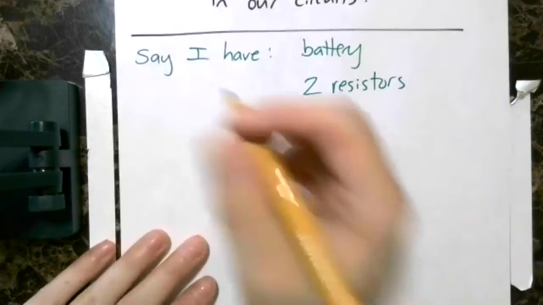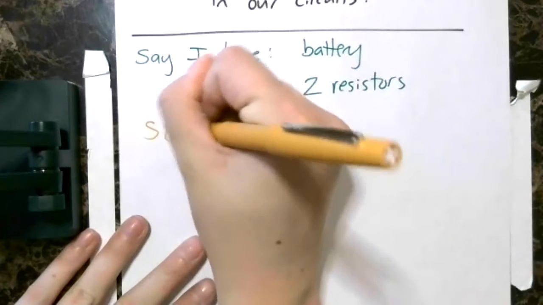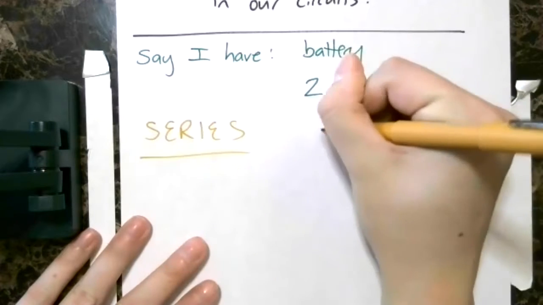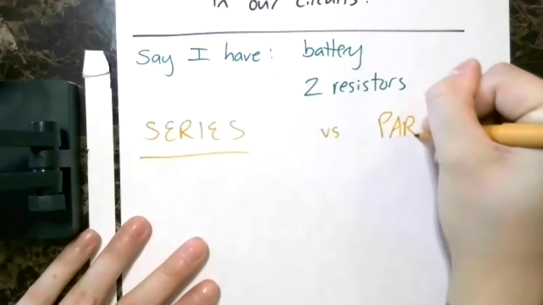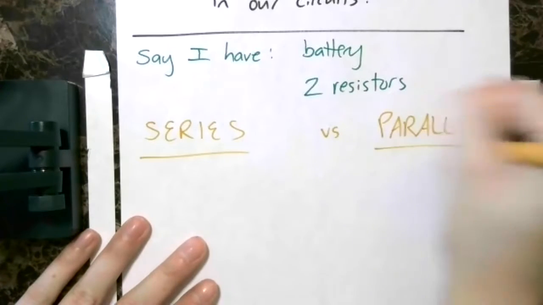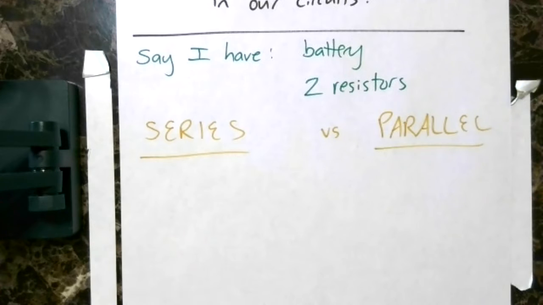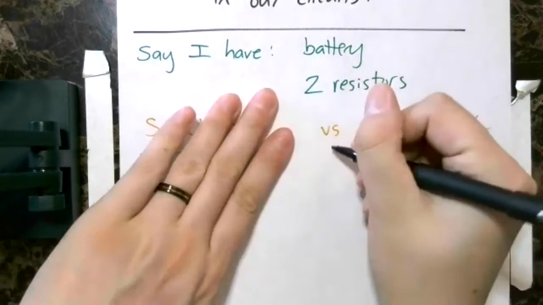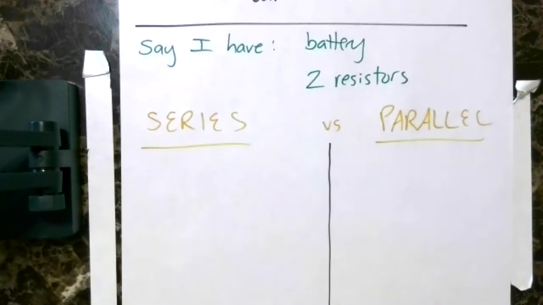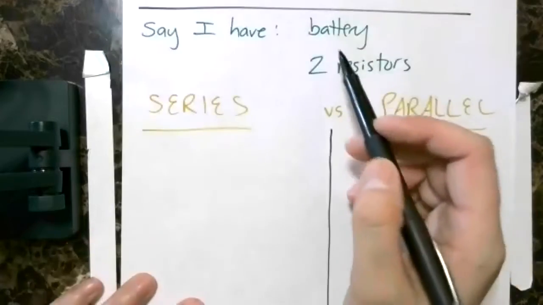So in the car example, we saw that we can have in series or in parallel. So let's draw both scenarios, how to draw those. So I have a battery.